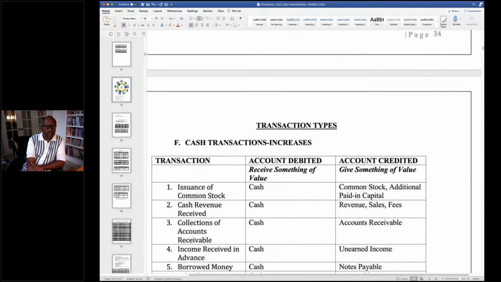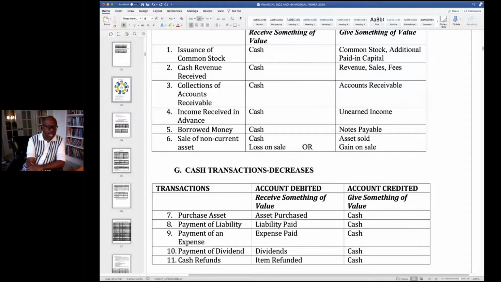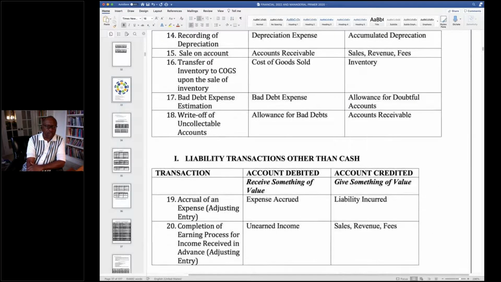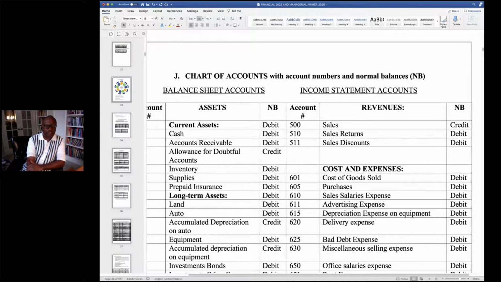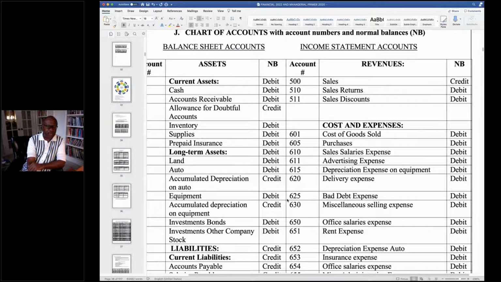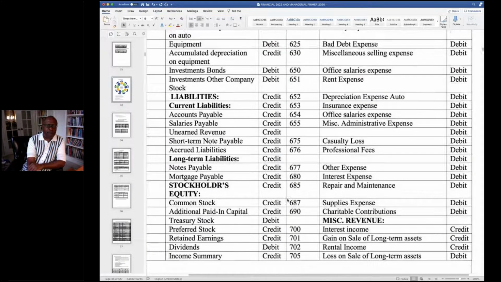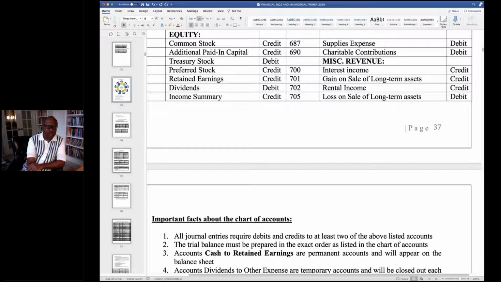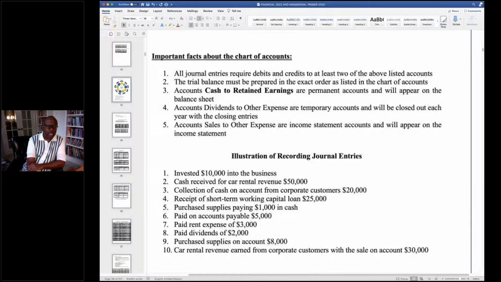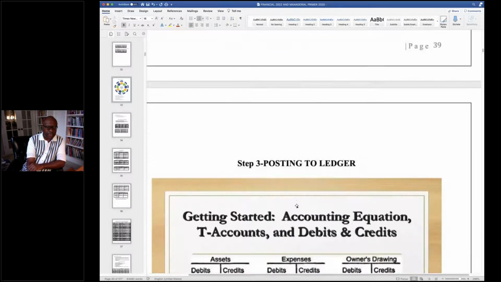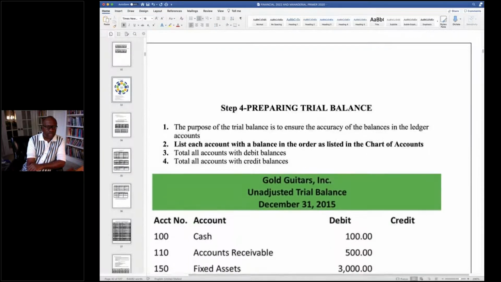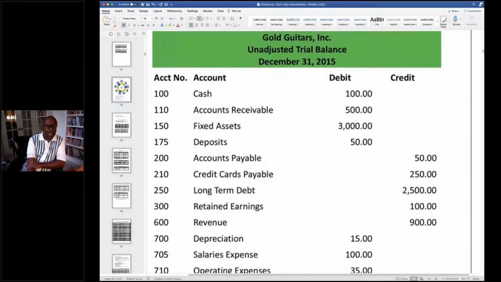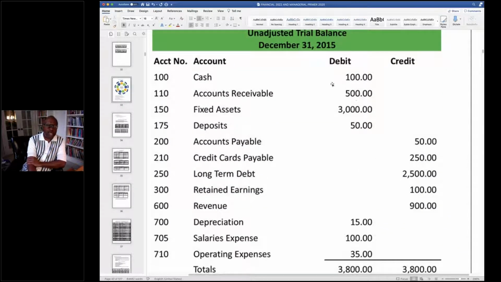Okay. So once again, your transaction types, you always want to have those close by. And on your chart of accounts, I told you to note the normal balances. When you do a trial balance, you should have the balances that are normally there. It shows you what a trial balance should look like, in order, debits and credits.